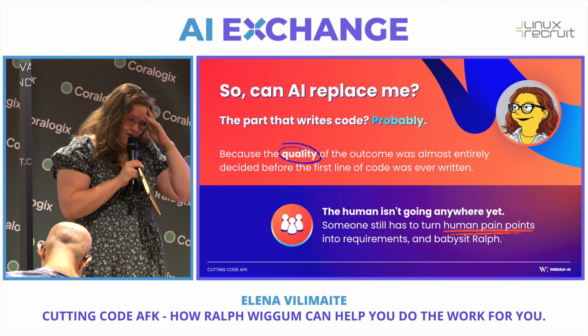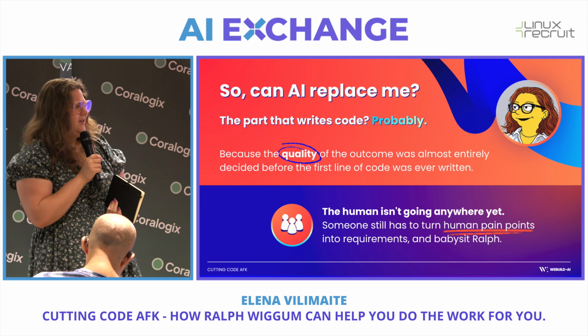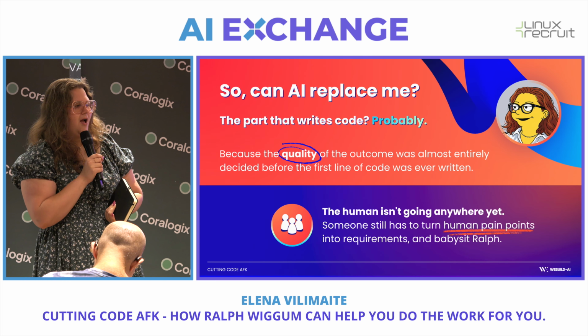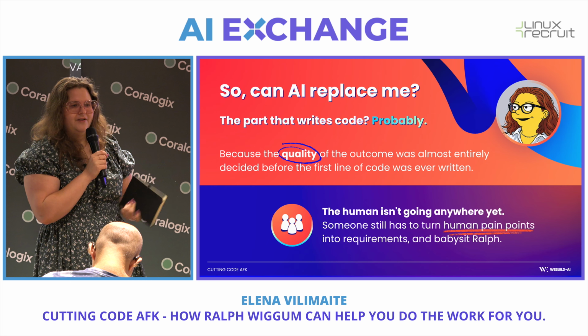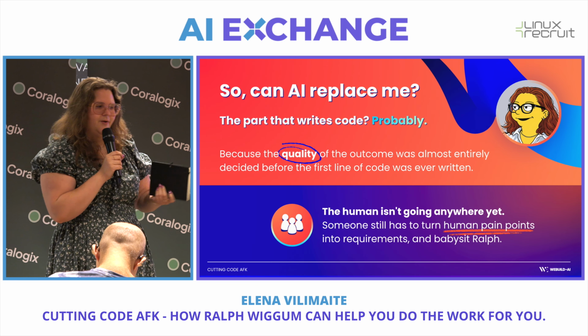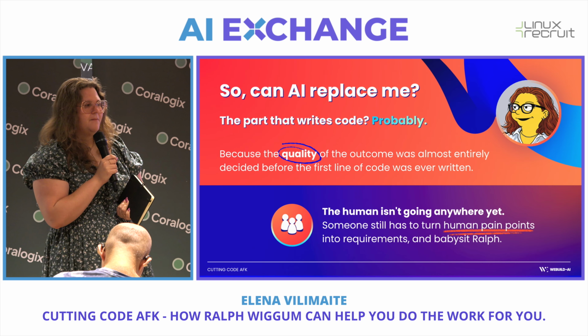And so the final question is, could I actually replace myself with AI? Probably I could replace the part of my job that actually writes the code. Yeah, it's good enough. I've given it enough rules. I've basically trained my own personal writing machine, or writing team.